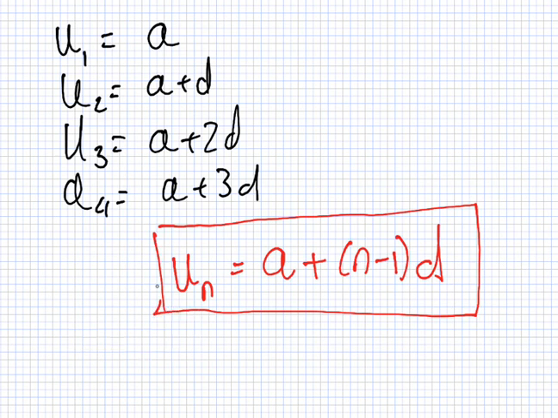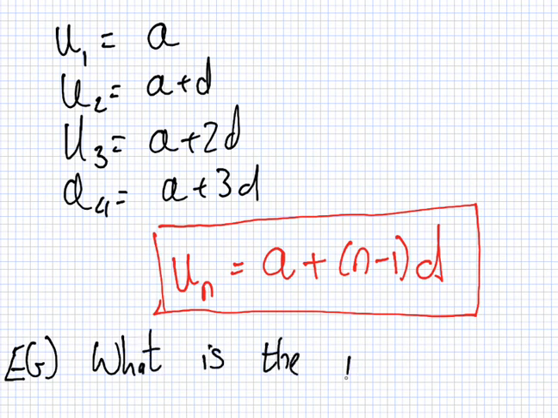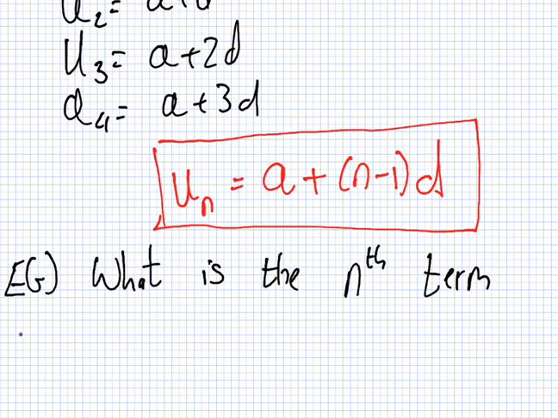So let's look at some examples of using this formula. What is the nth term in minus 9, minus 14, minus 19, etc.? So we know what the first term is, the second term, and the third term. Let's find out what the nth term is.